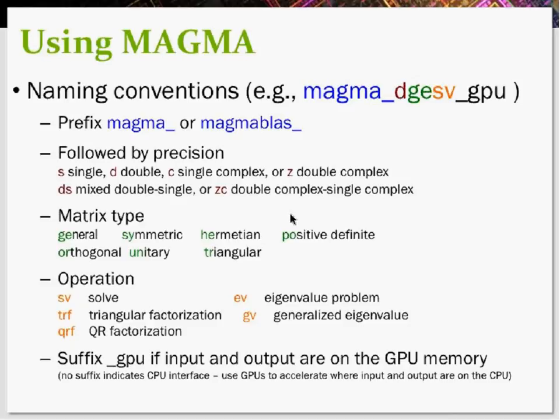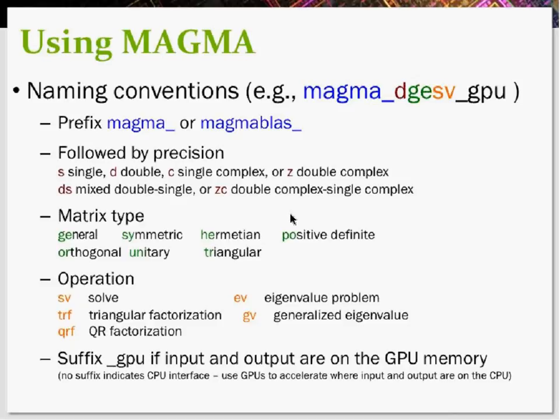So D, for example, is for double, S is for single, Z is for double complex, C is for single complex, or mixed precision, double plus single. Other than these, these are the main types.